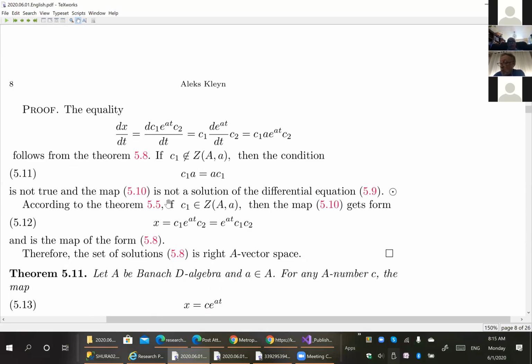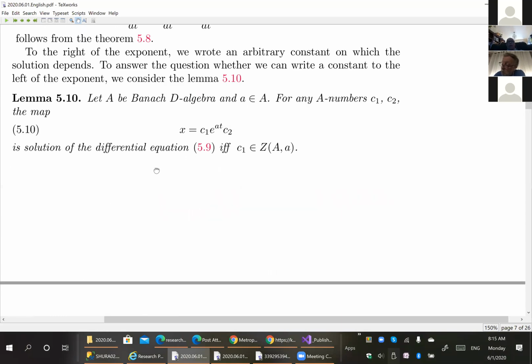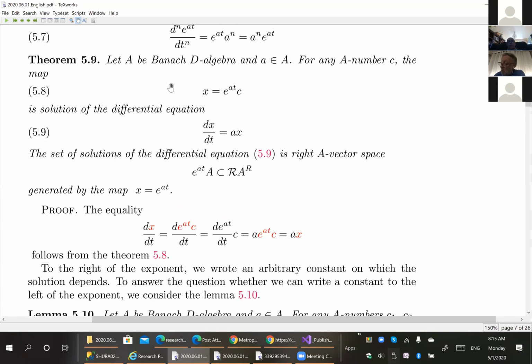But if C1 commutes with A, I can switch the order of C1 and the exponent. And therefore the solution will be exponent times C1 times C2. So it doesn't matter: I multiply C1 and C2, and ultimately I will get the initial form of the solution.